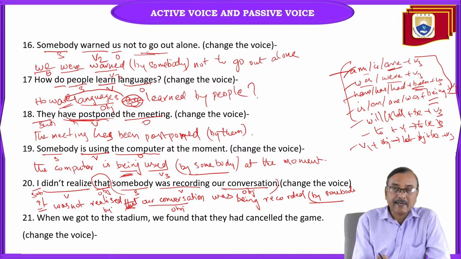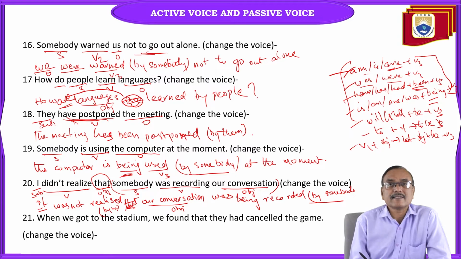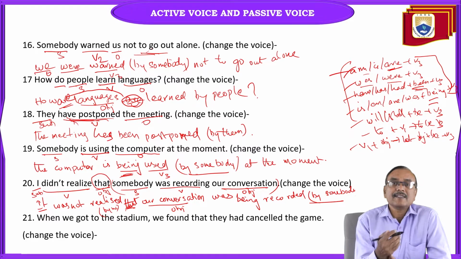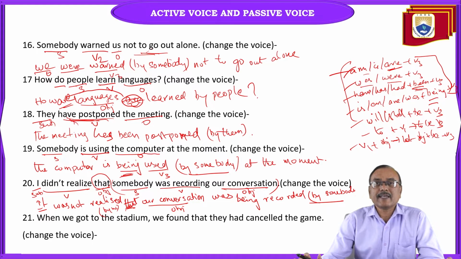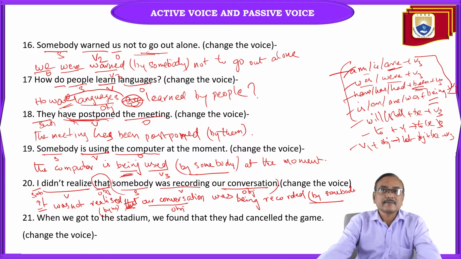By me is not necessary, by somebody is not necessary. You are speaking to the second person, so by me is implied here. So read it completely: It was not realized that our conversation was being recorded. Okay. That's it.